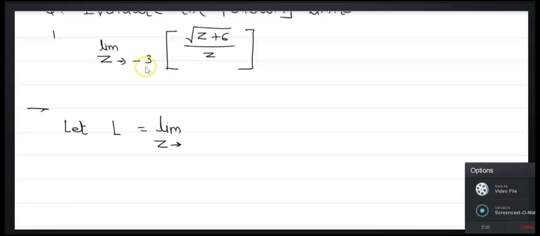Here we replace z by minus 3. That is minus 3 plus 6. Then we get 3, root 3 upon 3. Root 3 upon 3 is nothing but 1 upon root 3. Now this is a very simple limit. In this limit, we replace z by minus 3 and find the answer of this limit.